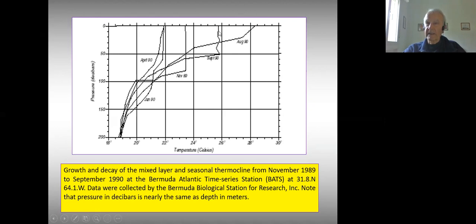So if you do the integral over here and compare with this one, you will get the same area. The amount of heat contained in this part of the water column is redistributed over the larger water column, and therefore the temperature is lower, but vertically mixed. So this vertical mixing is due to the wind events.